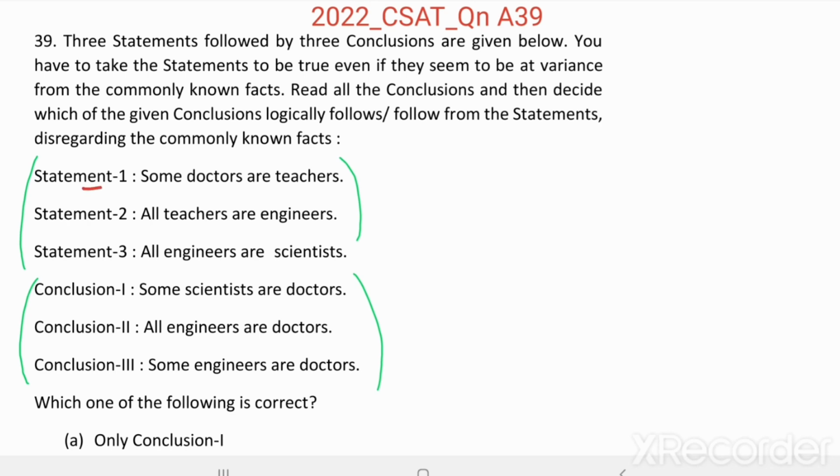See the first statement. Some doctors are teachers. Suppose this is all in this circle are doctors, and all in this blue circle are teachers. Then some doctors are teachers here, common area.